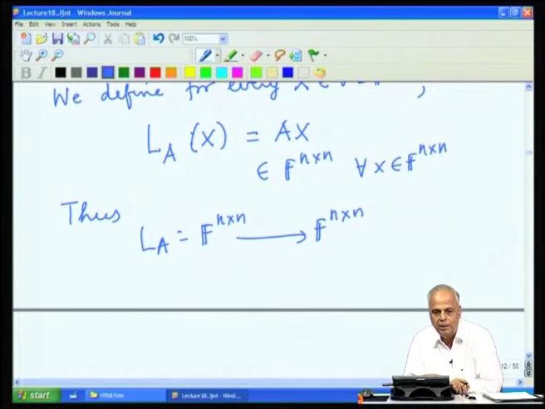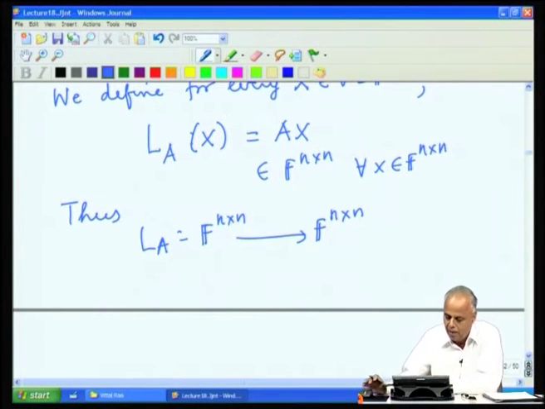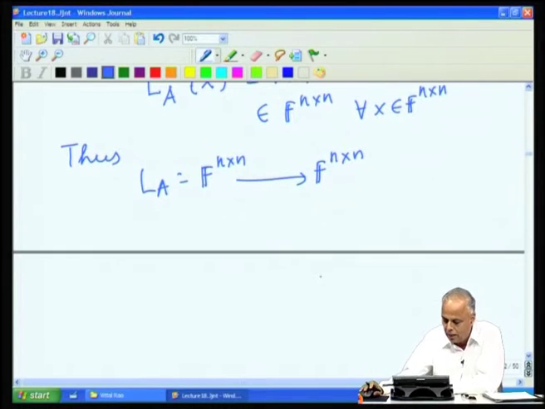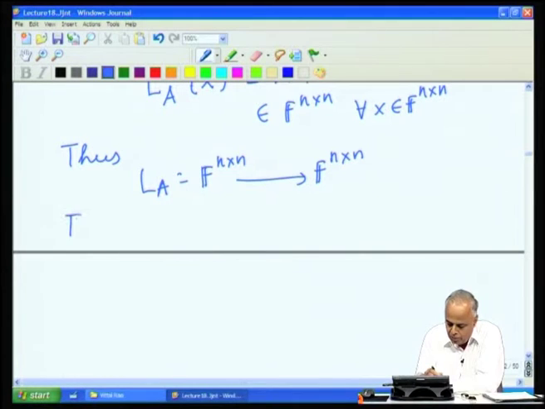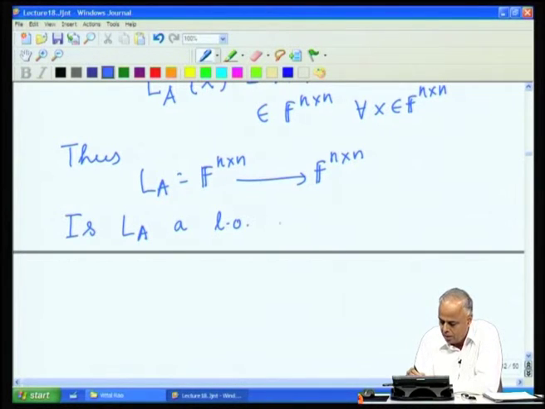By pre-multiplying the matrix X by A, we are disguising the original matrix X as a new matrix L_A of X. So, thus we have at least a transformation from F^(n×n) to F^(n×n). The moment you have a transformation between two vector spaces, we always ask whether it is a linear transformation. In particular, if we have a transformation from a vector space into itself, we ask whether it is a linear operator. So, is L_A a linear operator on F^(n×n)?